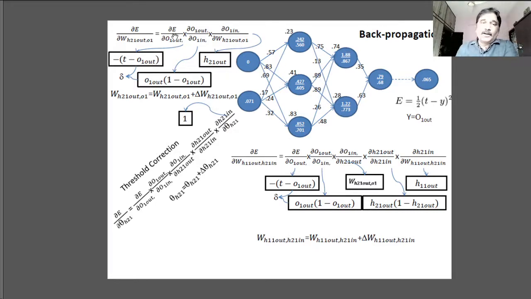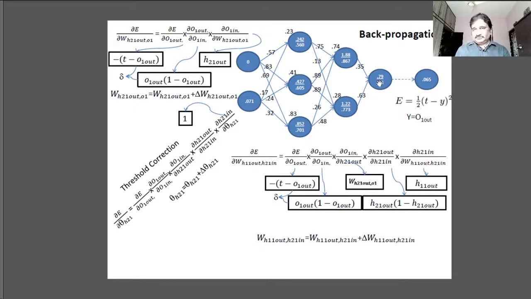Right? Now, these two terms are related with this neuron, and what are those two terms? One is minus t, that is the difference between these two, T minus O1 out. That is T minus O1 out, the negative of this, minus of this, because it comes minus because of differentiation.